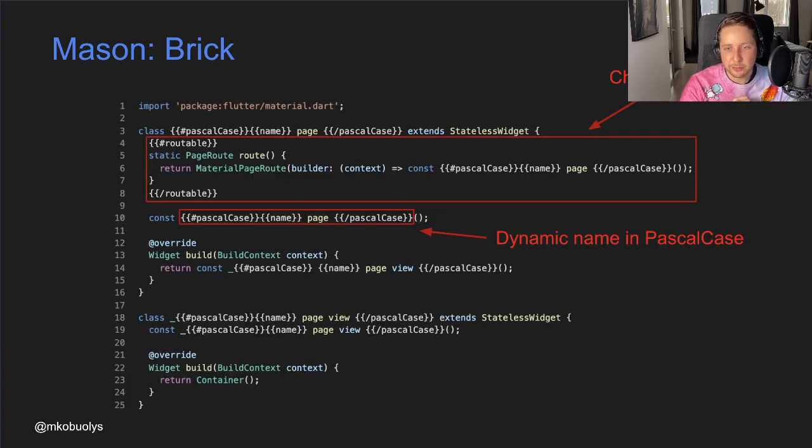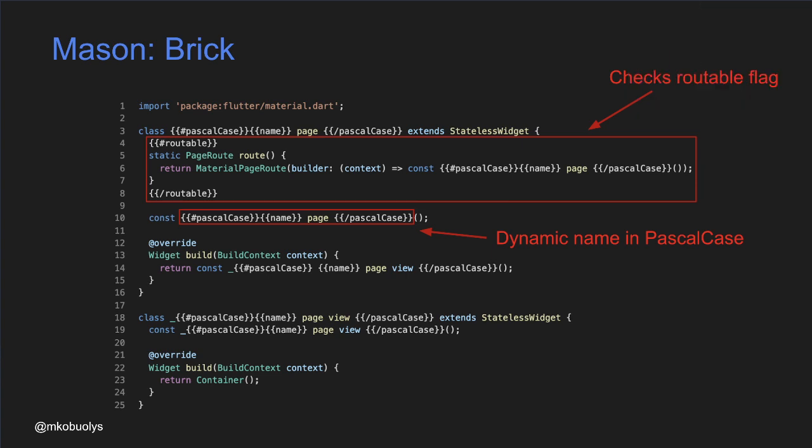And also inside the brick, we are using the same mustache syntax, and we define the specific keywords that need to be used there. So for instance, the class names in Dart need to use the Pascal case and not the snake case anymore. So we define this Pascal case keyword, and also we define the name for our class. You could see that we use the same name property over there.